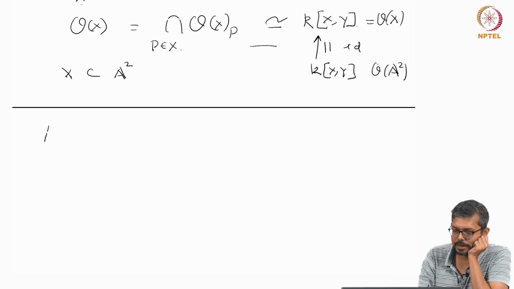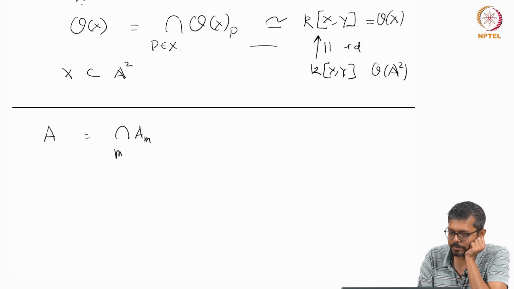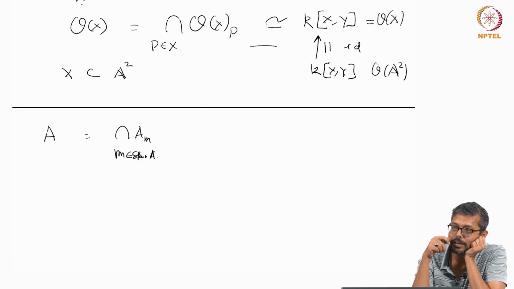If you take any ring A, you can write it as the intersection of A_M, where the M's are maximal ideals. This is for an integral domain, finitely generated. You mentioned this. And how prime?